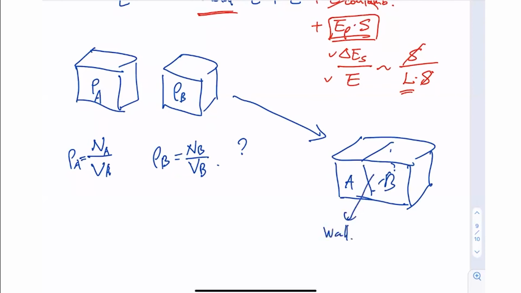If this wall is something such that once you combine them, they just disappear, then particle A can travel to particle B. Then it is very likely that the final result depends on the exact value of your density profile.